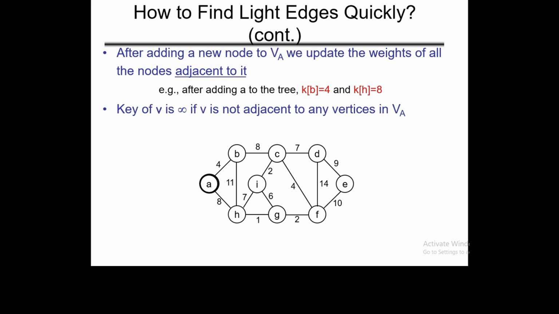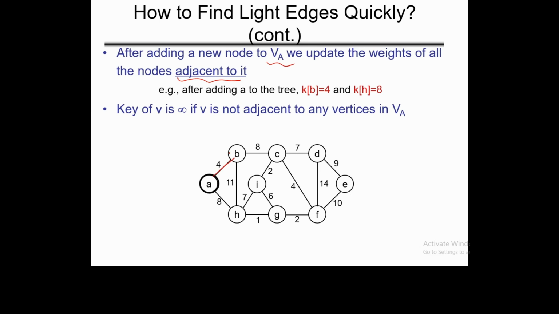Now how do we find the light edges quickly? What can be the process for this? After adding a new node to VA, we update the weights of all the nodes adjacent to this node. When we add this node, initially it was in the set. The parent of this node is nothing because it is the root node.